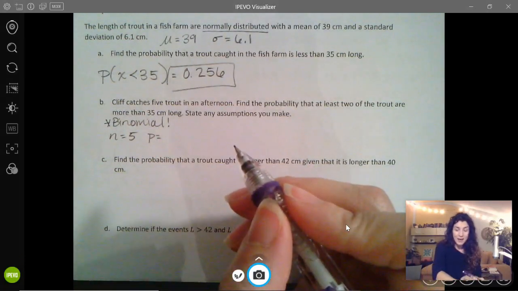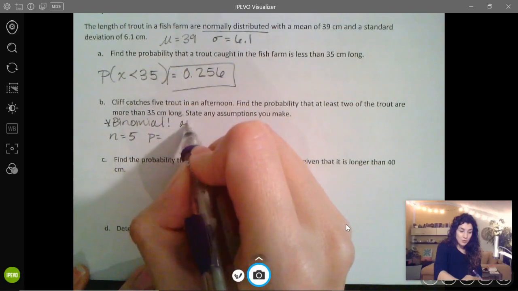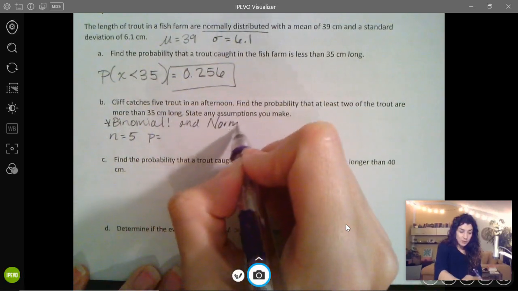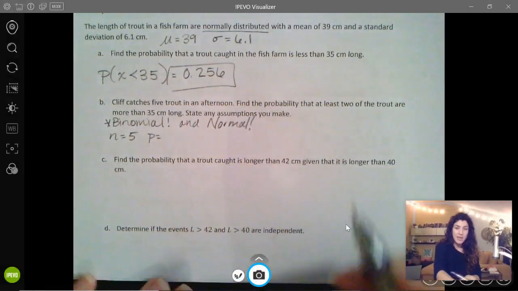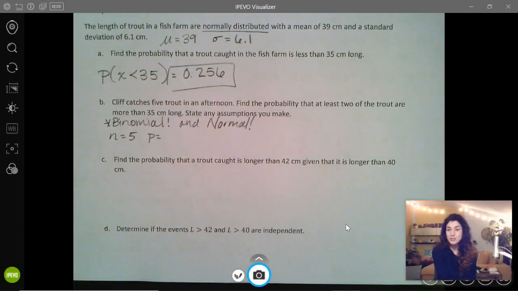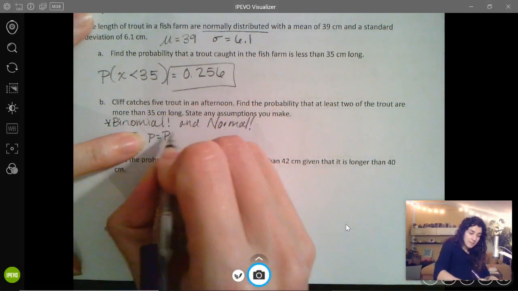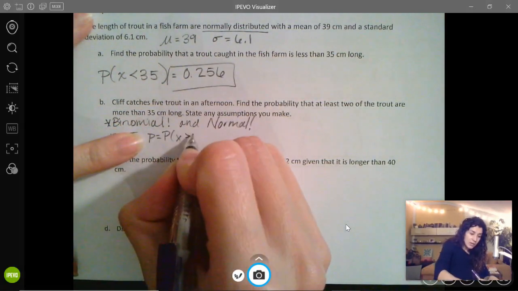So in order to find that, we need to use our normal distribution. So this is both a normal and binomial distribution problem. Because first, in order to find the probability of success, we need to find the probability that x is greater than 35.